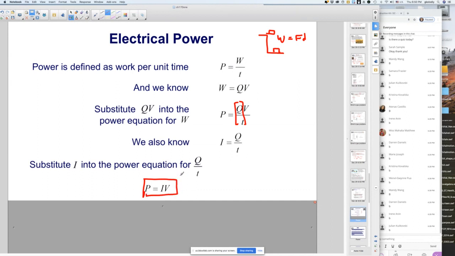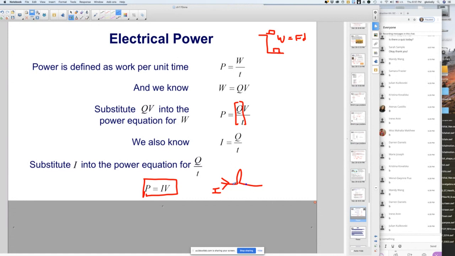And this is the power utilized, for example, in lighting a light bulb. You can find the power utilized in lighting the light bulb by multiplying the current running through the light bulb by the voltage across the light bulb. So you have a light bulb over here, let's say, in a circuit. You have current coming in here, and you have voltage across the light bulb from here to here.